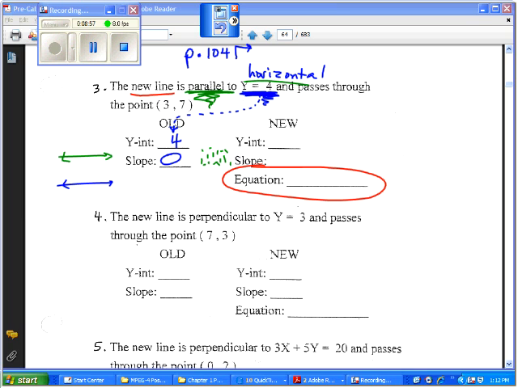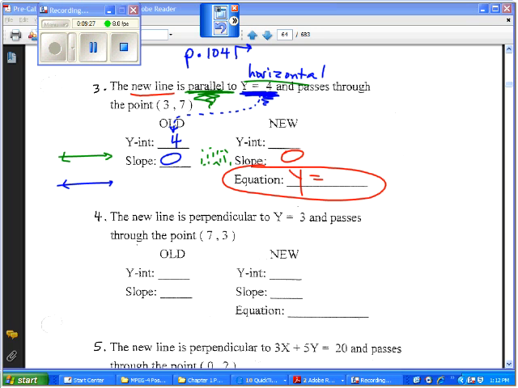So my new line is going to be another horizontal line if it's parallel to a horizontal line. And what kind of an equation does a horizontal line have? A y-only equation. So my new equation is a y-only equation because it's the equation of a horizontal line, because it's parallel to a horizontal line. And if it's a horizontal line, what's its slope? 0. And its y-intercept is going to be whatever that constant y is.